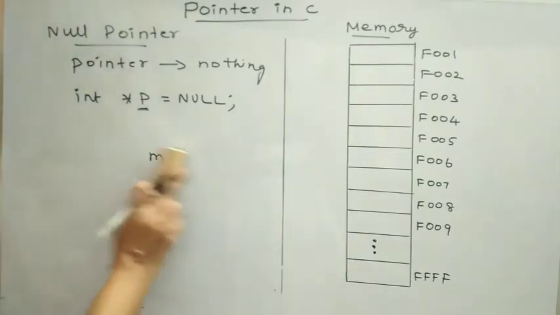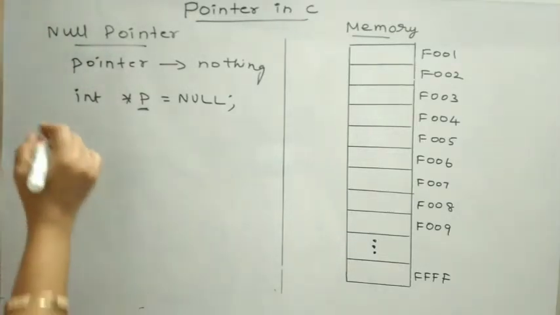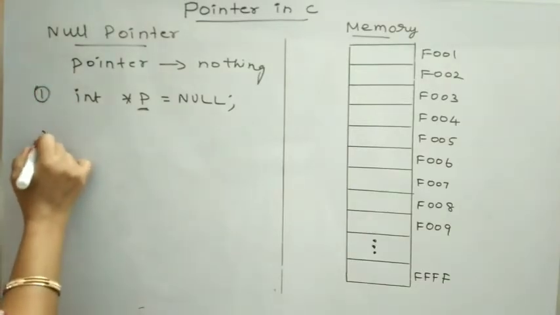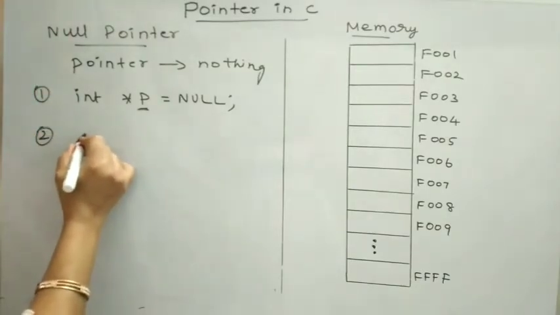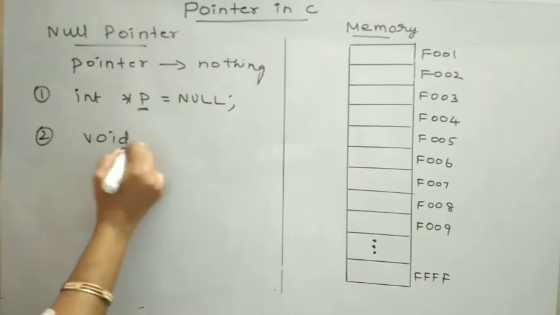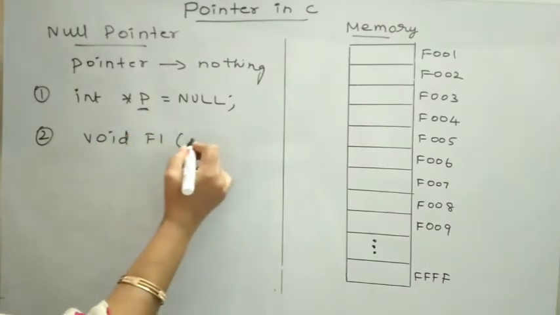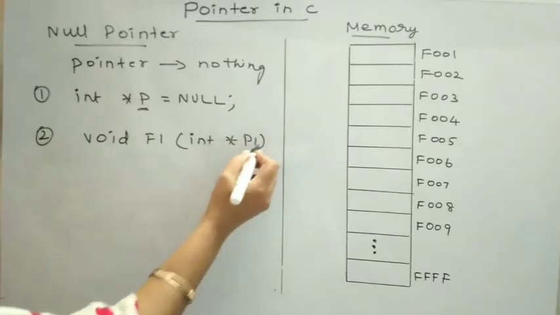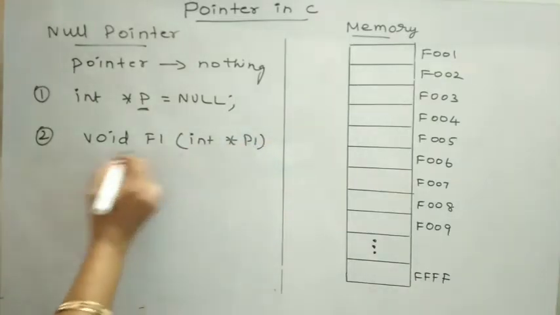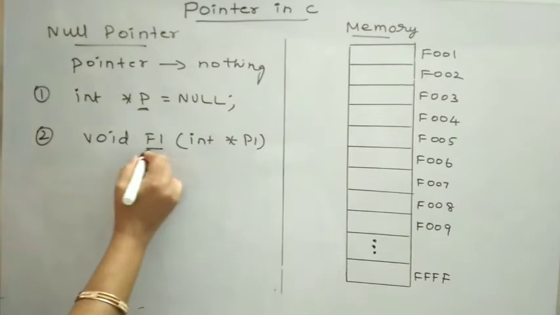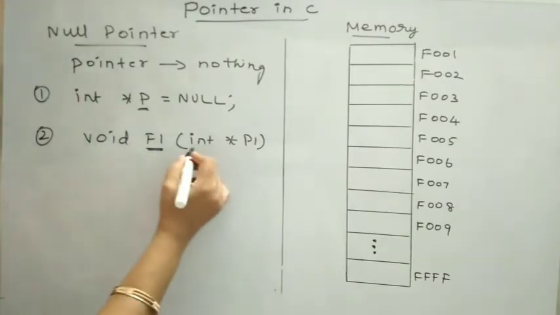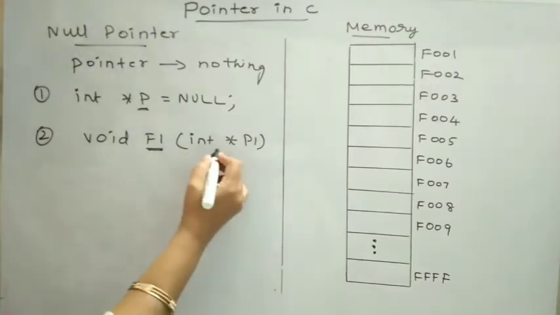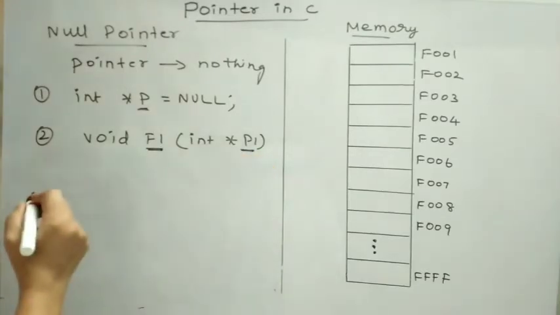Secondly, if I have a function definition like this, void f1(int star p1), this is a function definition. The name of my function is f1, and the parameter or argument of this function is the pointer variable p1.